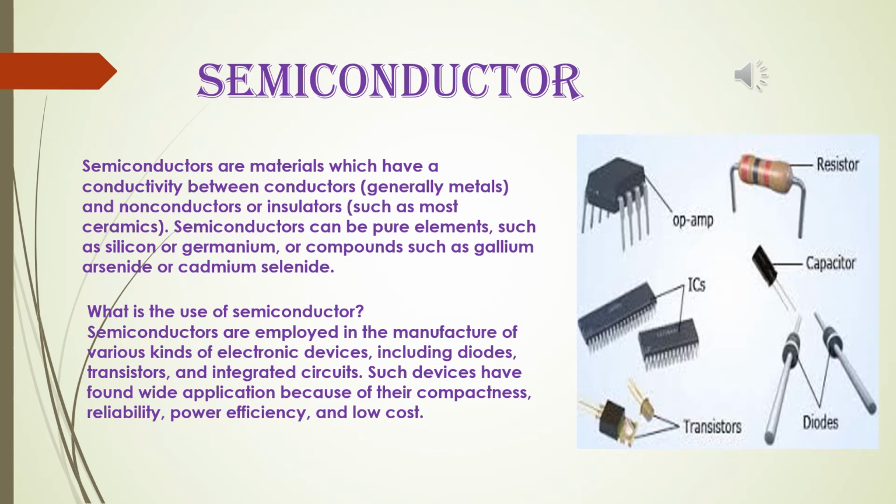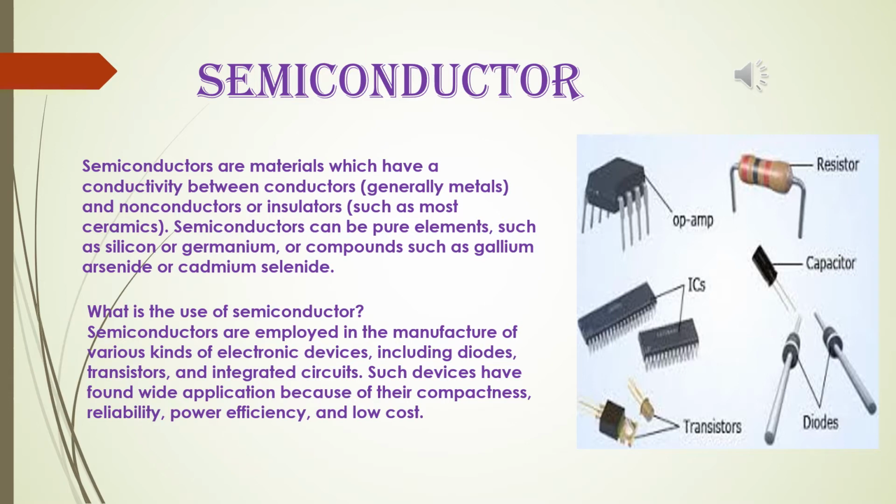Semiconductor definition. These are materials which have a conductivity between conductors and non-conductors or insulators. Semiconductors can be pure elements such as silicon or germanium, or compounds such as gallium arsenide or cadmium selenide.